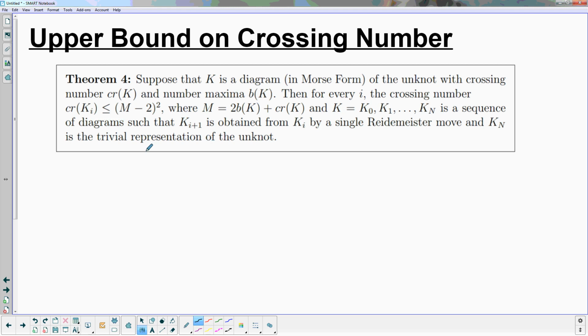So the number of crossings has to be less than that minus 2 squared. And that's a pretty big result that's talked about in this paper.